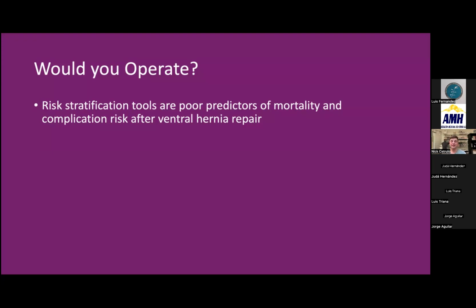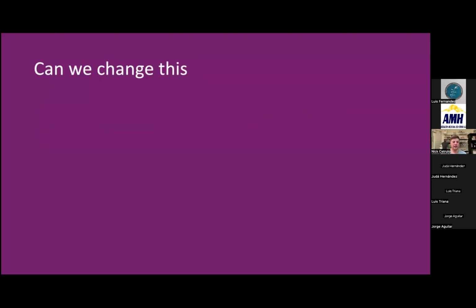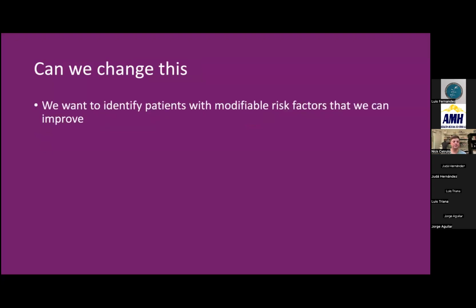I'm not sure why, but when they look at its accuracy specifically in hernias, it's worse than for other types of abdominal surgeries. So adding this modified frailty index into your workup can help you decide who we should operate on.